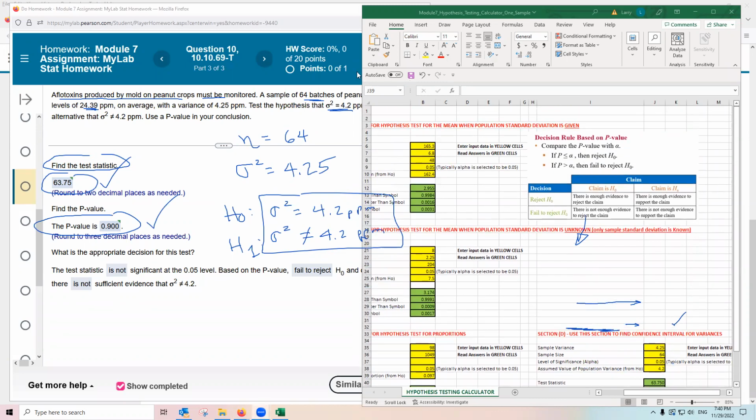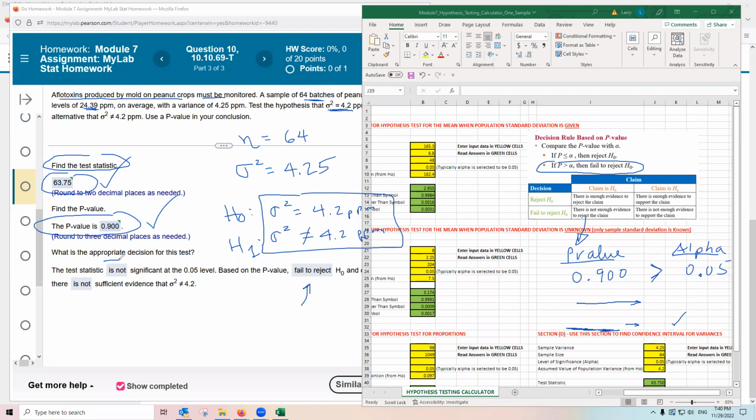Well, in our case, the p-value was a very large number, 0.9. When I compare that to alpha, 0.05, 0.9 is way bigger. So the p-value is greater than alpha. If the p-value is greater than alpha, our decision is fail to reject the null, do not reject the null. So here it is, fail to reject the null.